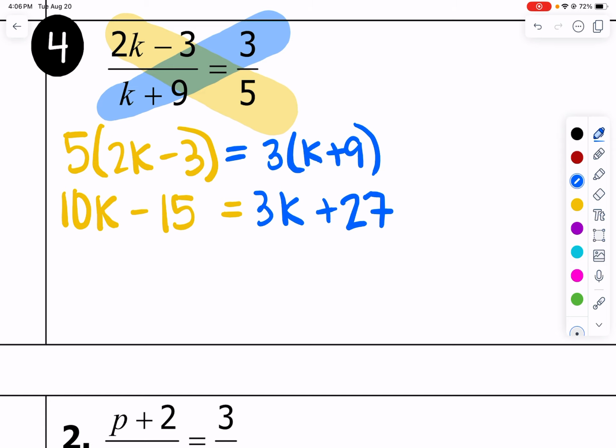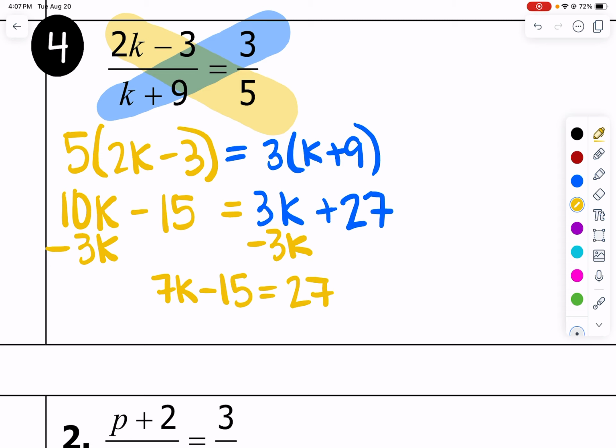So now to solve this, we need to get all of our variables on one side. So I'm going to move the smallest one just because I can. So I'm going to move 3k over here. And I get 10k minus 3k, which is 7k, minus 15 equals 27. Now I'm going to add 15 to both sides.